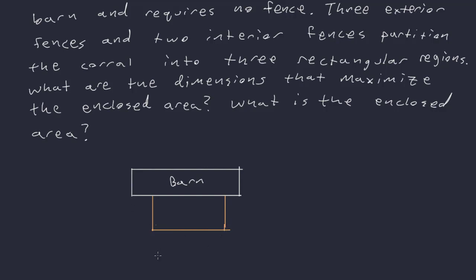So we have the 3 exterior fences here, here, and here, and then 2 interior fences. Here's an interior fence and here's an interior fence that splits this into 3 rectangular regions. Here in yellow, these are the fences.